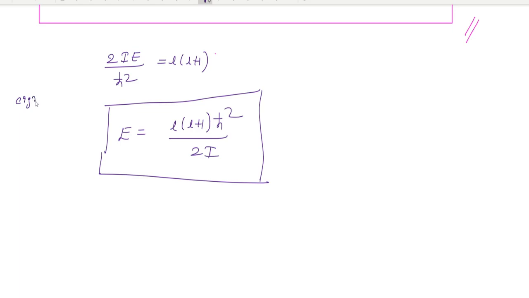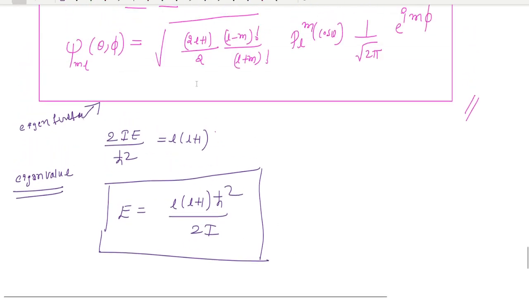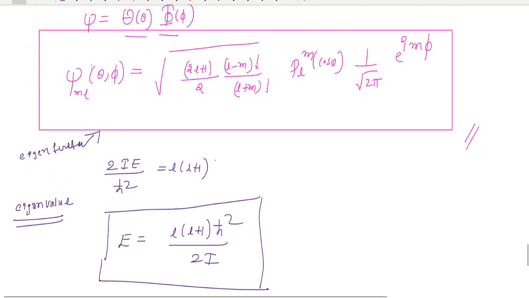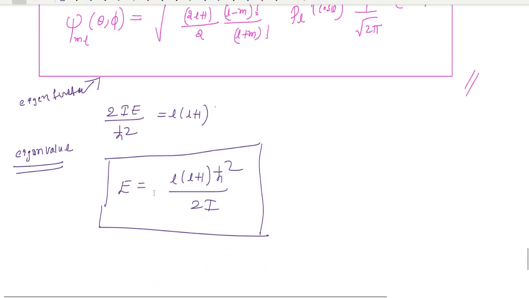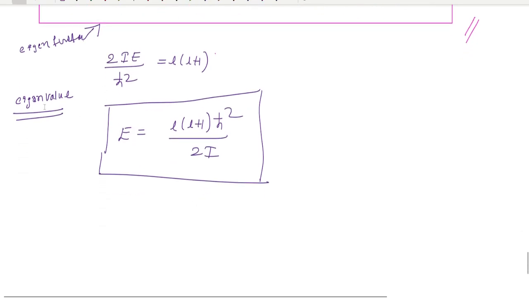So we have the energy value equation and the eigenfunction. This equation is the final eigenfunction of our rigid rotator. So these are the final eigenvalues, the energy values of the rigid rotator, where beta is the constant.